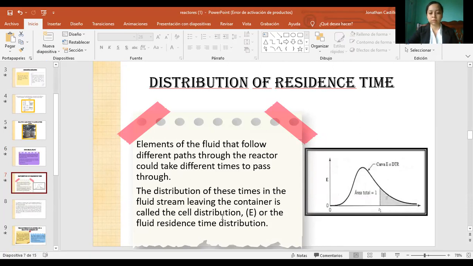The distribution of these times in the fluid stream leaving the container is called the residence time distribution. The curve shows that the area under the curve is 1.